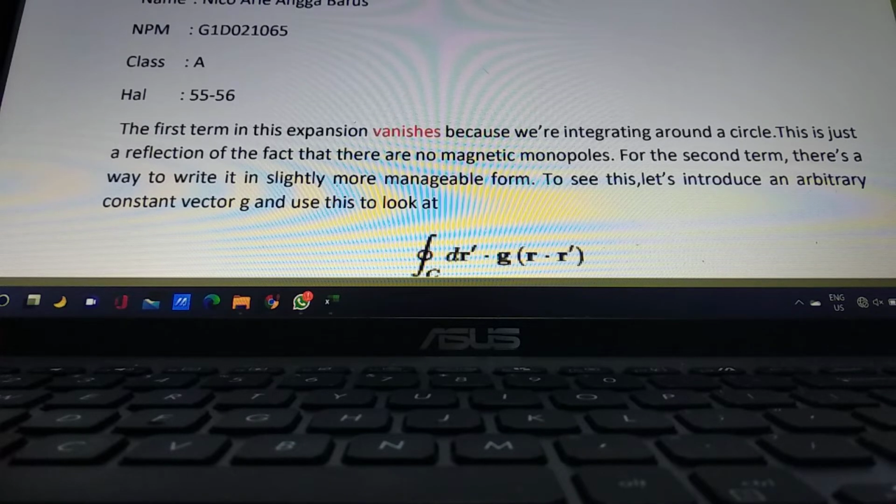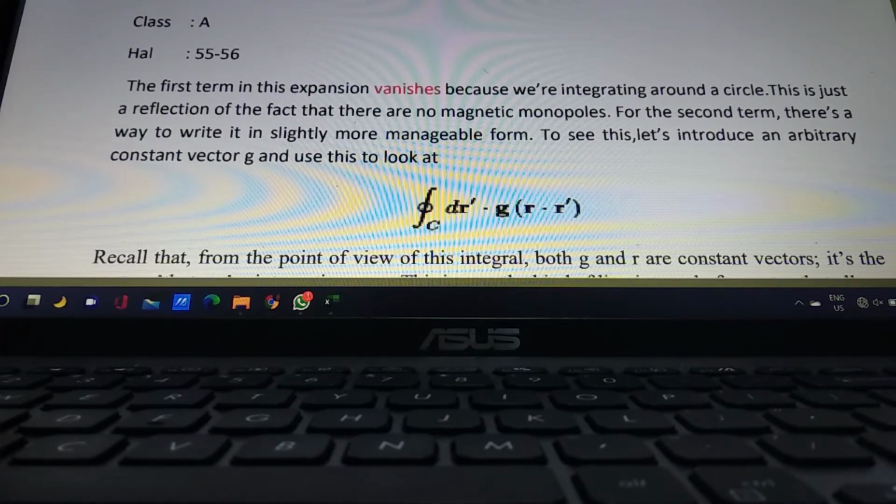To see this, let's introduce an arbitrary constant vector g and use this to look at the integral over C of dr' times g·r times r'.